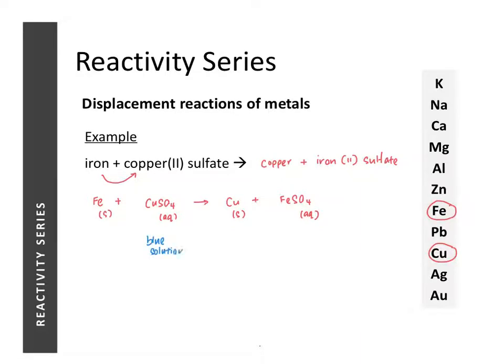The reason why copper 2 sulfate has a blue color is due to the copper 2 ions, the Cu2+ ions present in it. In the displacement reaction, the copper 2 ions are being converted to copper metal. So in the solution you get less and less of copper 2 ions. One observation that you will see is that the blue color will fade.